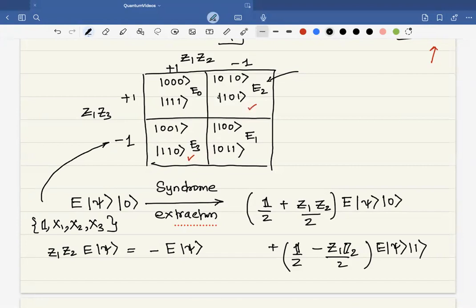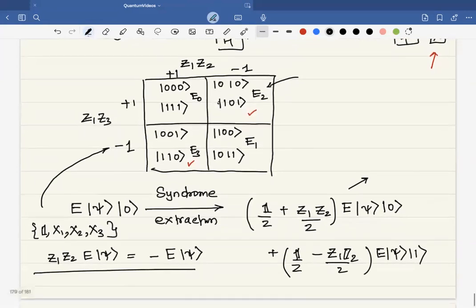And if the error occurs on the first qubit, then this equation will hold, so this will vanish. And therefore, when you measure the ancilla bit, you will get a 1.